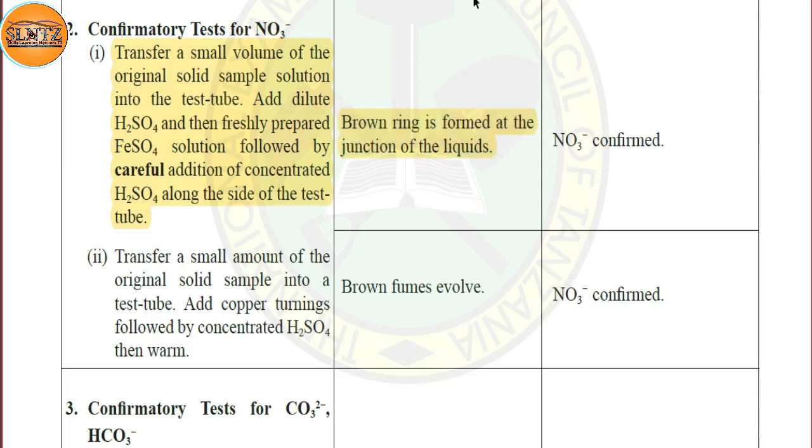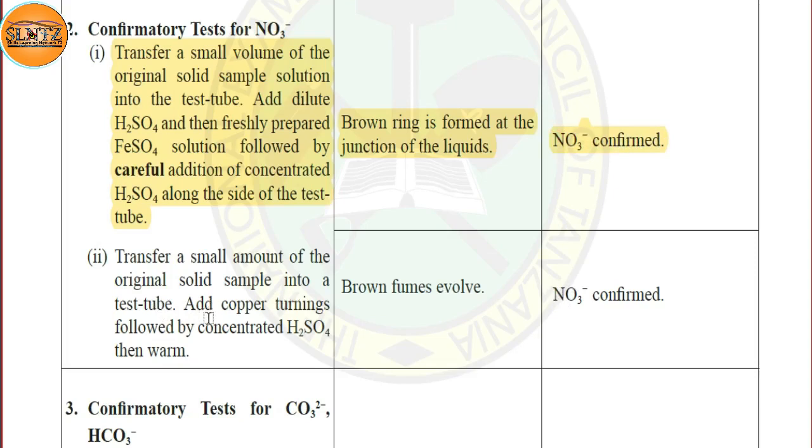When we say junction, it means within the test tube there are two solutions, the upper and the lower, with a junction of the liquids in the middle, and that represents nitrate confirmed, or present in your sample.